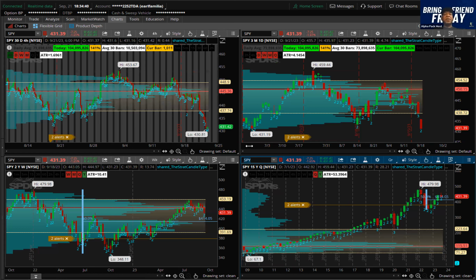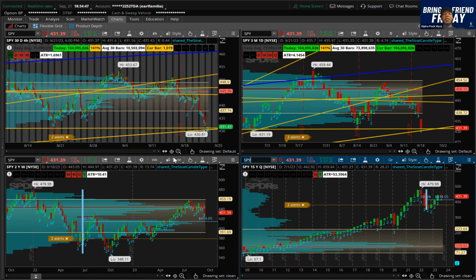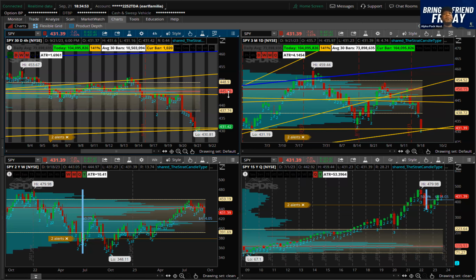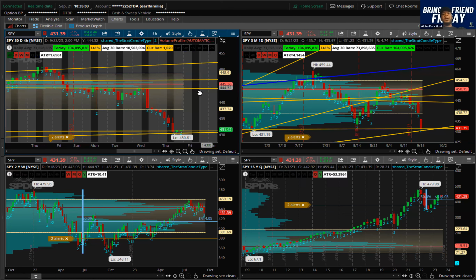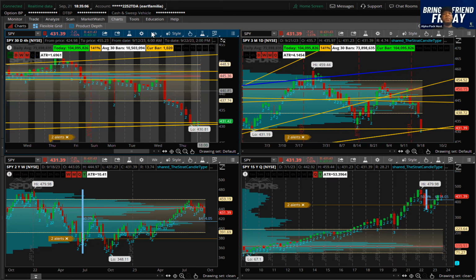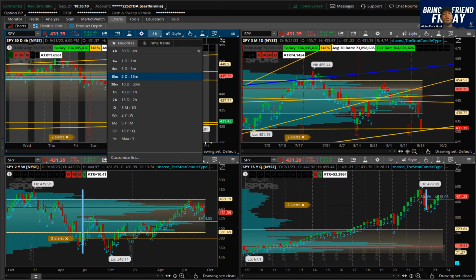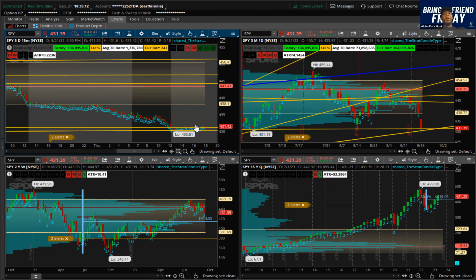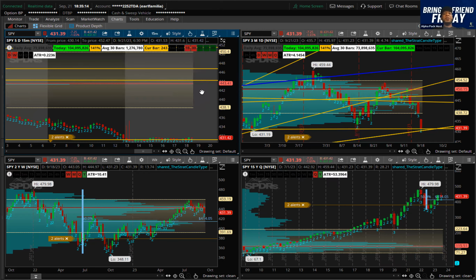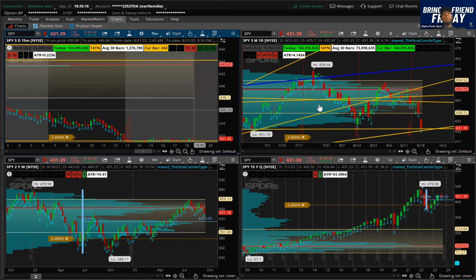The question that I have, though, is in terms of the micro levels. We just reached this weekly broadening formation right here, right? So the question that I have is, is there enough strength, or are buyers going to step in enough to push this thing back up through the range, maybe to try to capture this gap?